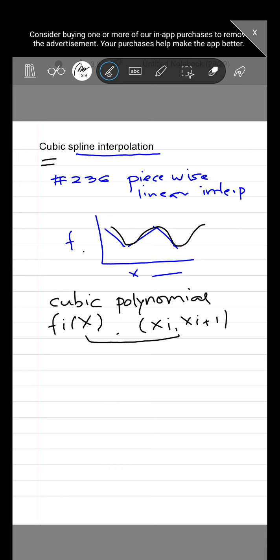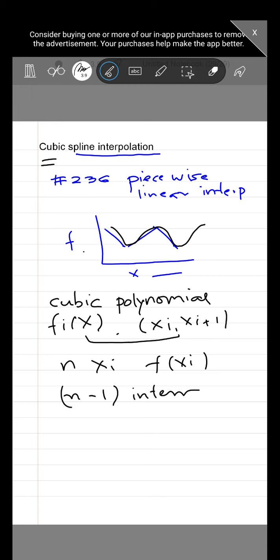Now if there are n points, that means we have n values of x_i and f(x_i), where i runs from 1 to n, and the number of intervals is n minus 1. So there are n minus 1 cubic splines which need to be fit.